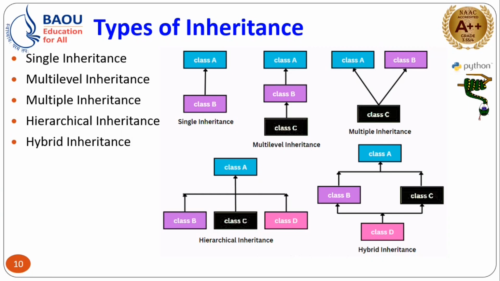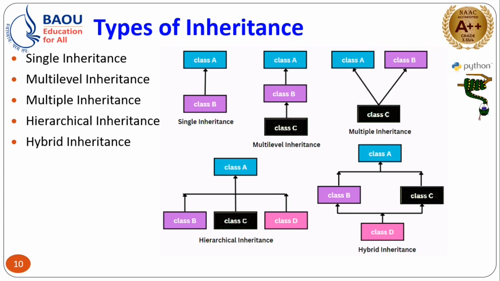Second, multi-level inheritance. Here what happens? There are three classes A, B and C. Whatever the features of class A, they can be derived into class B. So you can say that class A is the parent class for class B, or class B is the child class and class A is the parent class.